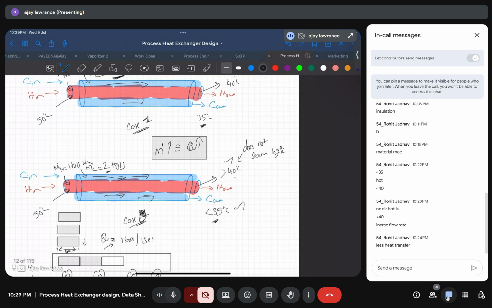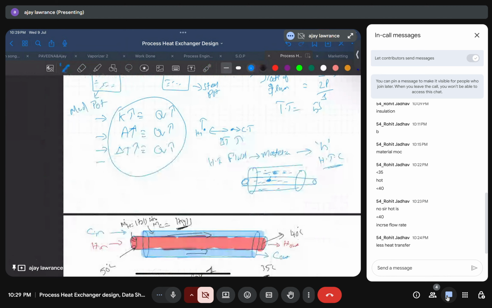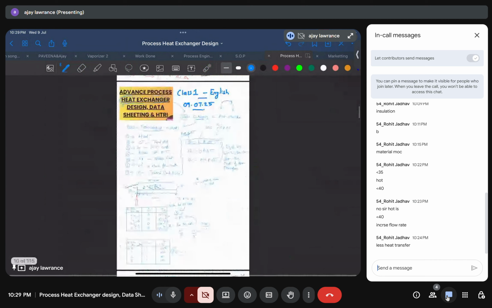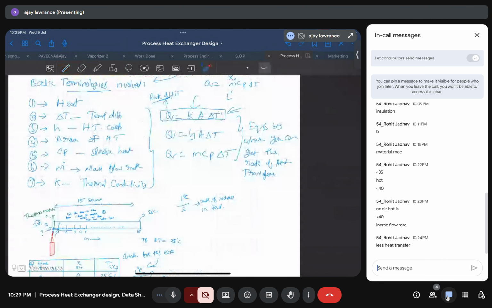You can write here also: mass flow rate increased, heat transfer rate also increased. That is why the third formula comes: Q = m Cp delta T.